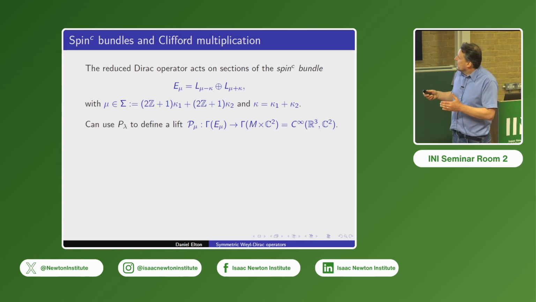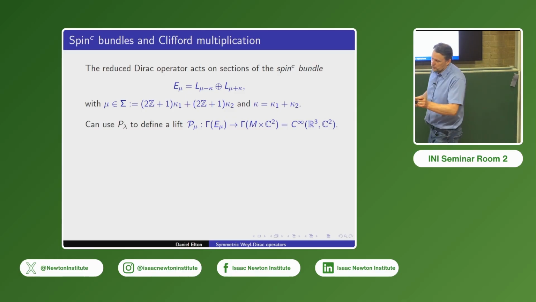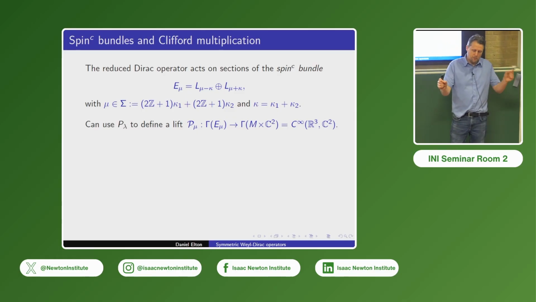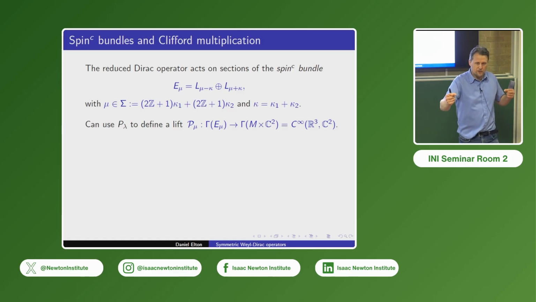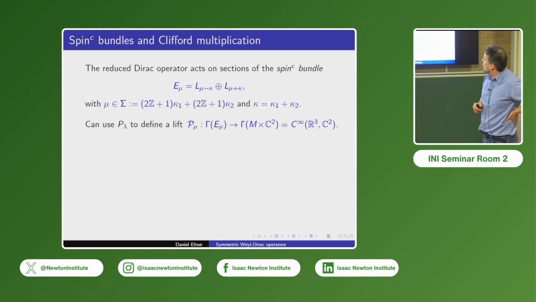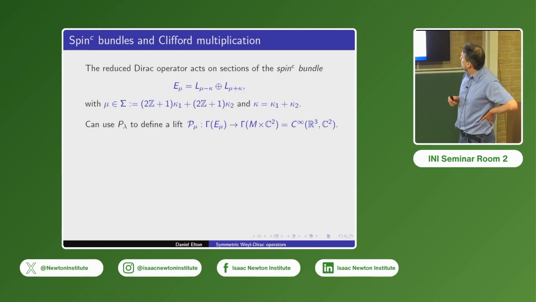So the parameter space for the spinors is now odd multiples of the two frequencies, odd multiples of kappa 1 and kappa 2, and then we need to shift those up and down to get even multiples. But then we can take a sum, we get these C2-valued functions or bundles over the orbit space, and we can lift.